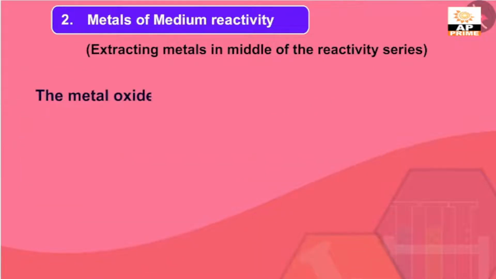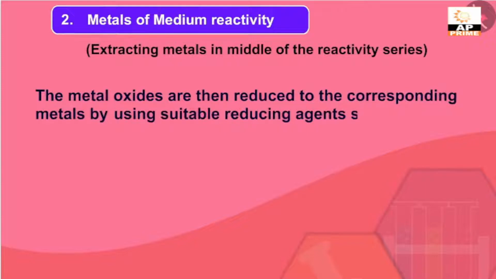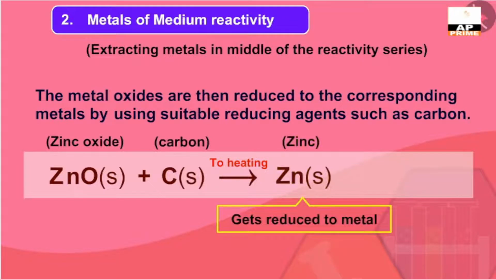The metal oxides are then reduced to the corresponding metals by using suitable reducing agents such as carbon. For example, when zinc oxide is heated with carbon, it is reduced to metallic zinc.